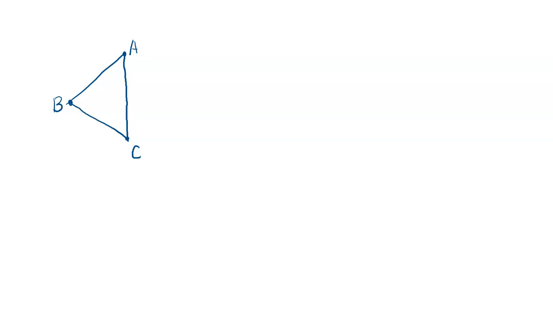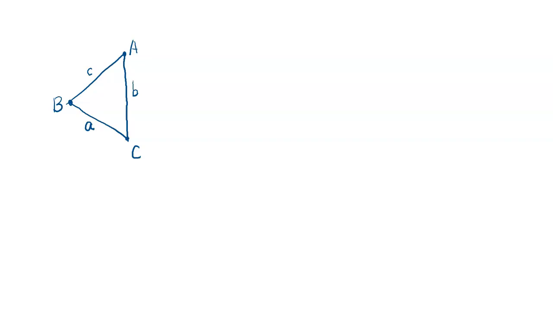See, this side is opposed to capital A, so you put lowercase a. This side is opposed to C, so you put lowercase c. This side is opposed to capital B, so you put lowercase b. So that's the naming convention.